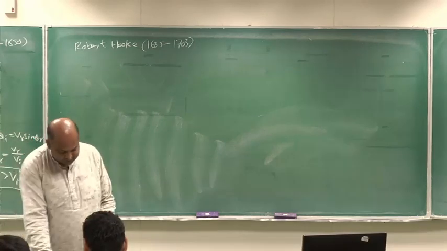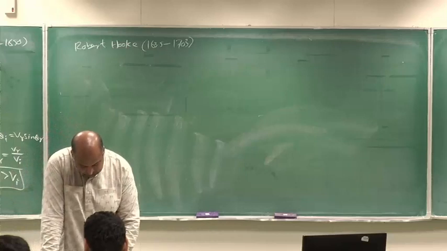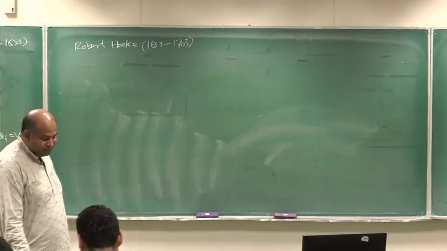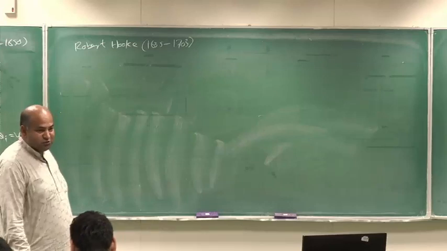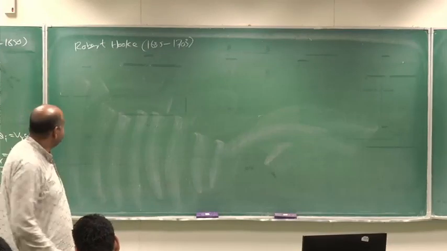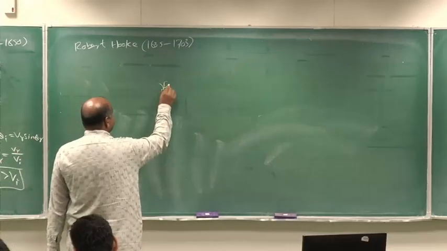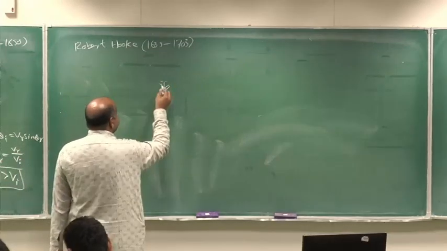So that was his idea of the nature of light. So it would be interesting how he postulated that, how he came up with this thing. He says that you have a light source, let's say a candle, or a sun, or I don't know what.